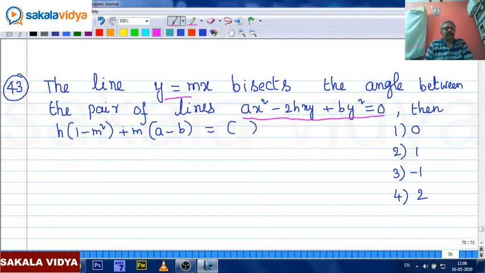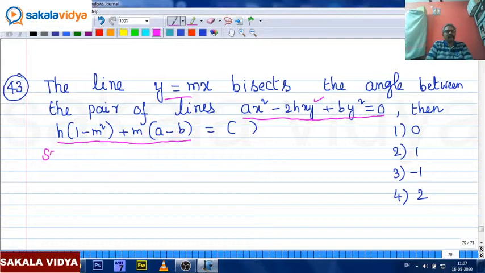Then we need to find h times 1 minus m square plus m times a minus b equals to... So y is equal to mx represents one of the lines of the pair of angular bisectors between ax square minus 2hxy plus by square is equal to 0. So we need to find the pair of angular bisectors for this equation first.